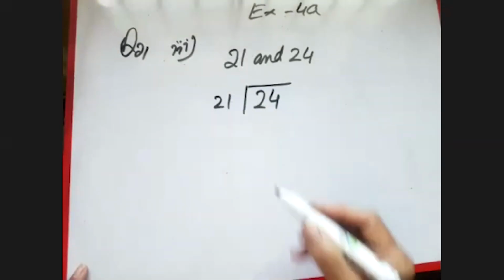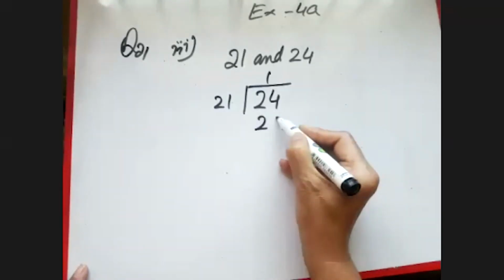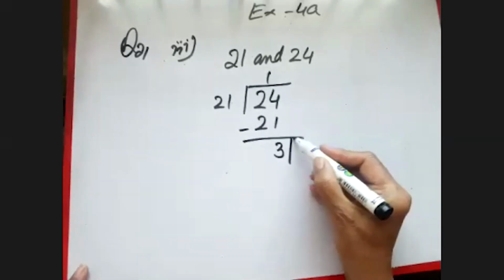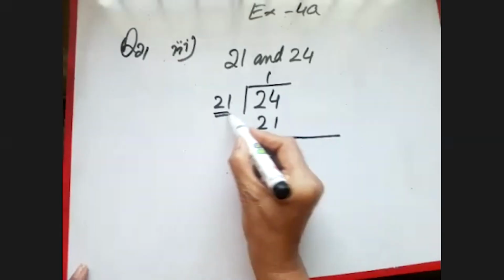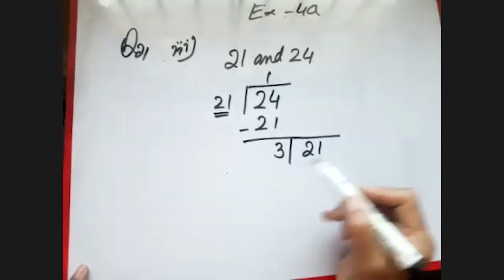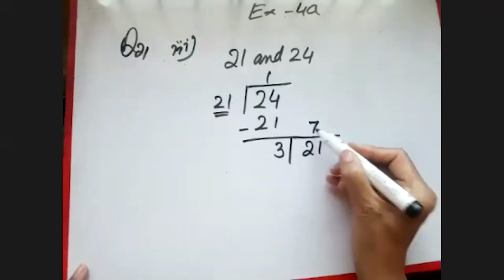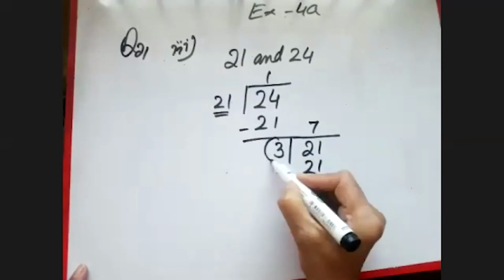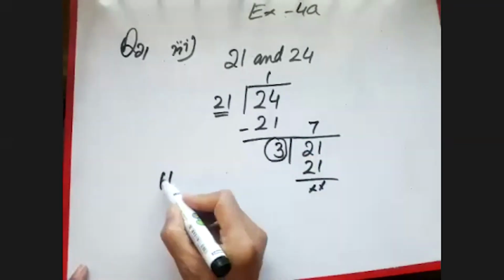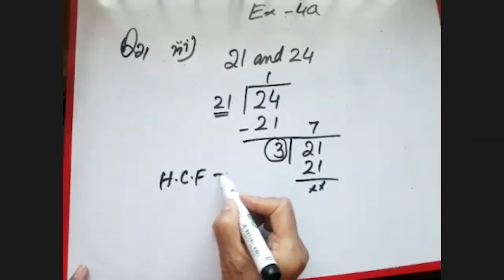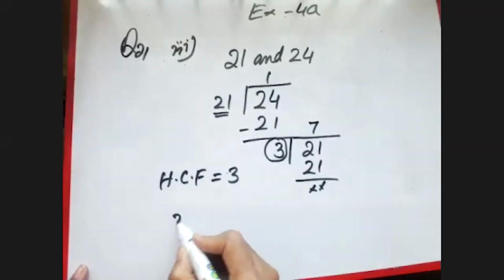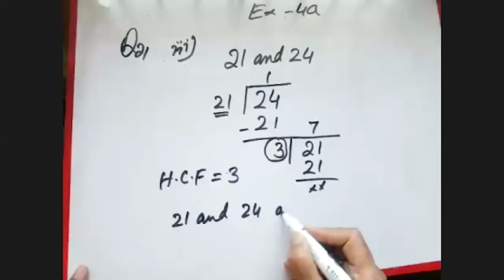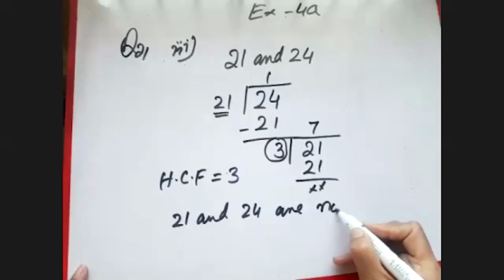Divided by 21, 1 time is 21. Left with 3, do the subtraction here. Then bring 21 as your dividend. 3 7s are 21. Your HCF is 3. 21 and 24 are not co-prime.